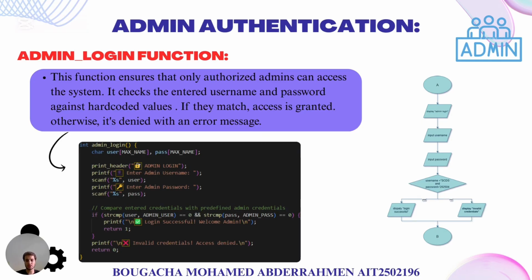These credentials are checked against hard-coded values, SCDS as the username and 202504 as the password. If the credentials match, the login is successful and the admin gains access, otherwise it displays an error.